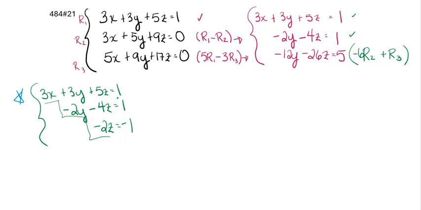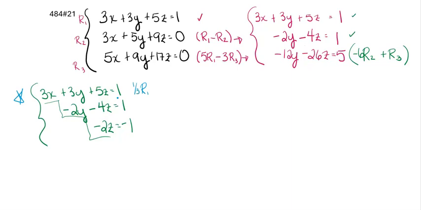And so I'm going to demonstrate that here with you. You need to follow instructions if that's what it tells you to do, but to be honest, I think it's just as easy to solve it in this form, now that it's stair-step, than it would be to solve it in true row echelon form. So to make my leading coefficients 1, I would have to multiply row 1 by 1/3.